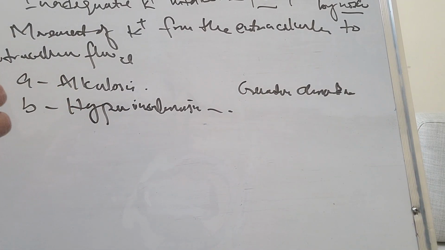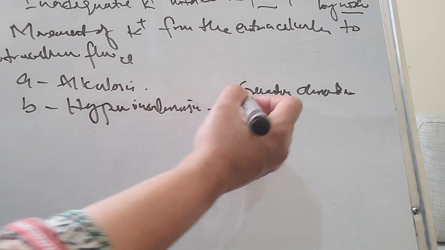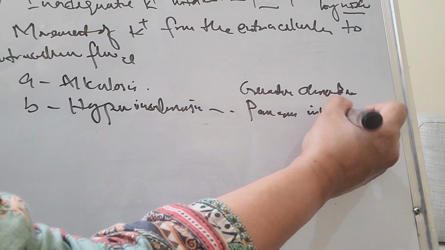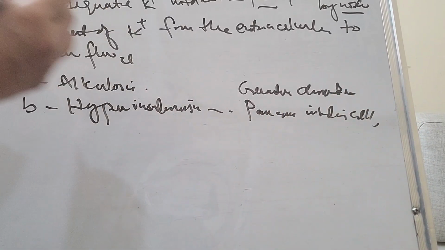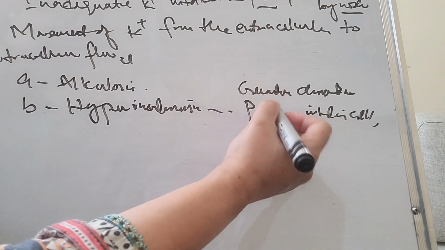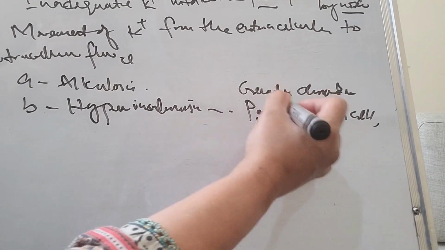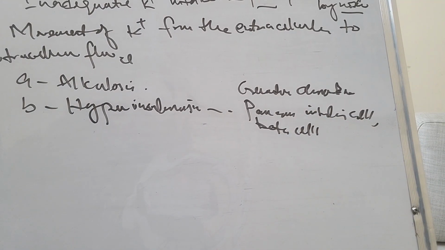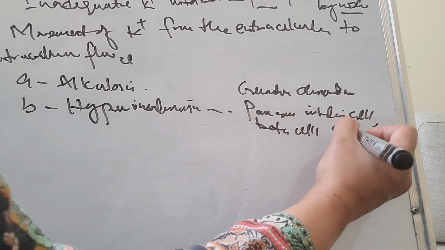The beta cells of the pancreas secrete too much insulin.